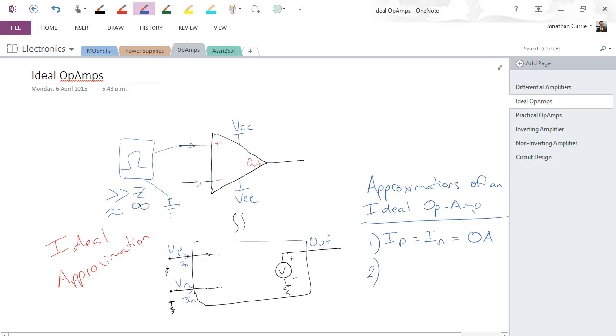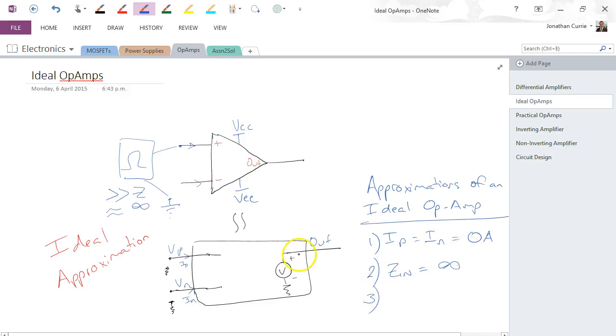So the second approximation we can make is that input impedance, and actually I'm going to call that Zin, or it could be Rin if you prefer, is equal to infinity. And that obviously relates to that first approximation we've made there. If the input impedance is infinite, therefore no current can flow, and therefore equal to 0 amps.